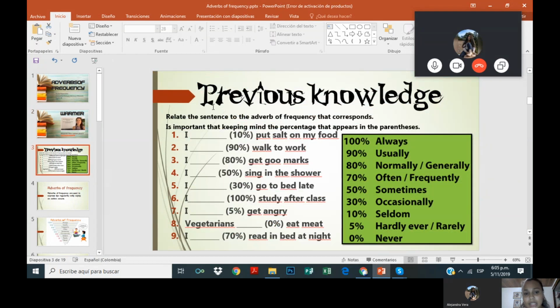Okay, the first activity, Alejandra, is relate the sentence to the adverb of frequency that corresponds. It's important that you keep in mind the percentage that appears in the parentheses.